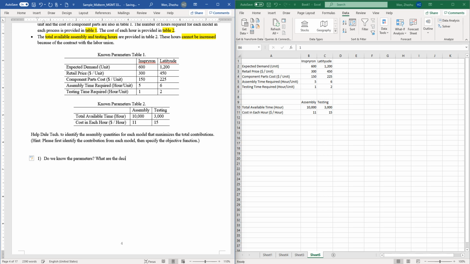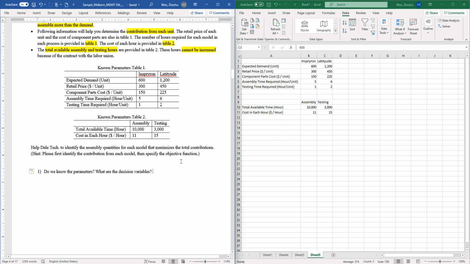What are the decision variables? We have some parameters here in terms of demand cap, retail price and raw material, and I believe the problem has provided enough that we can determine the contribution.